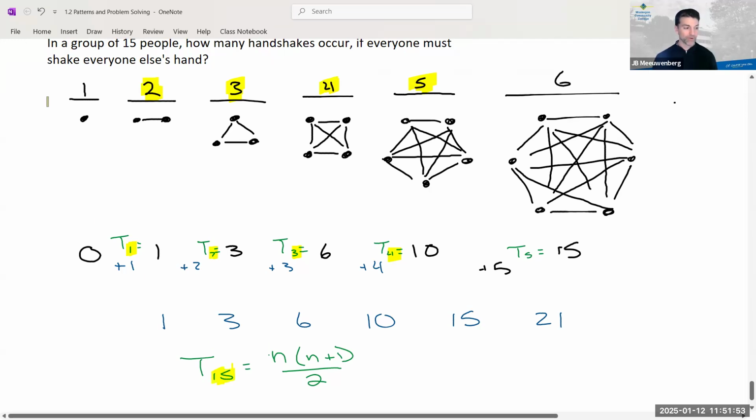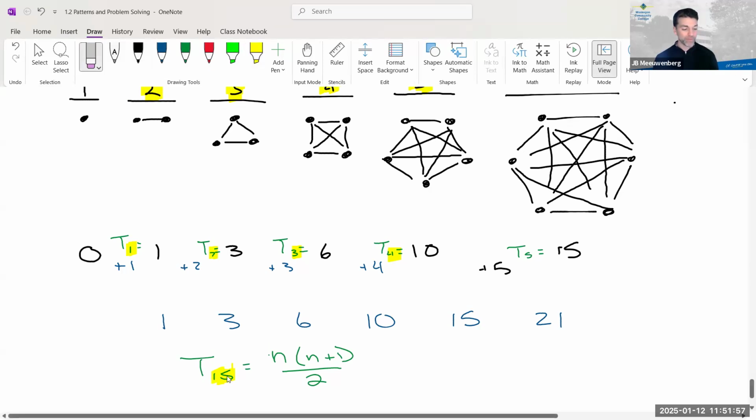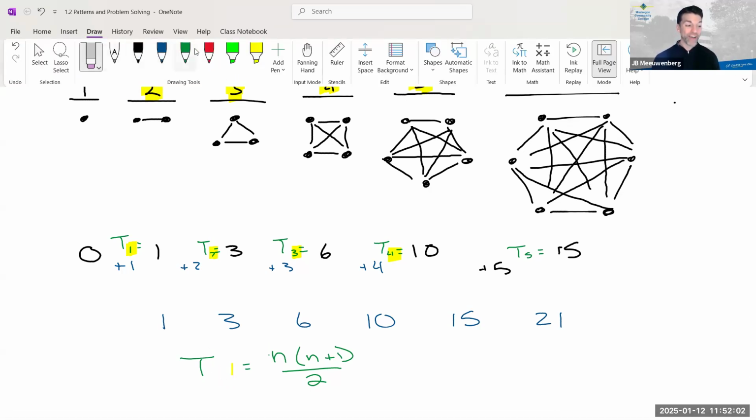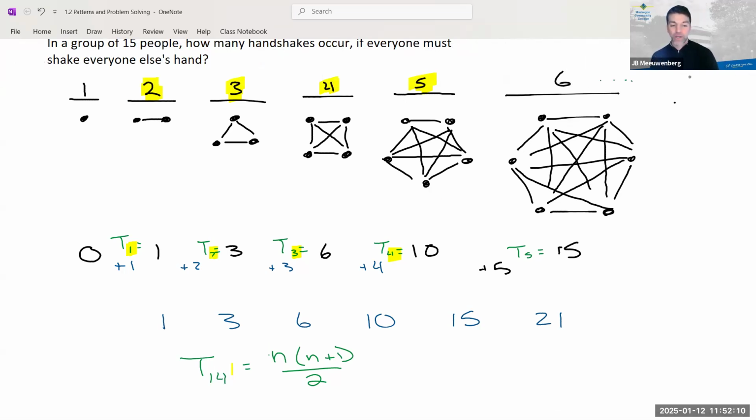No. We're not going to go by the number of people in the room. We're actually going to go by one less than that. We're going to go by triangular number 14. If we continue this all the way out, the 15th person would be calculated by finding triangular number 14.